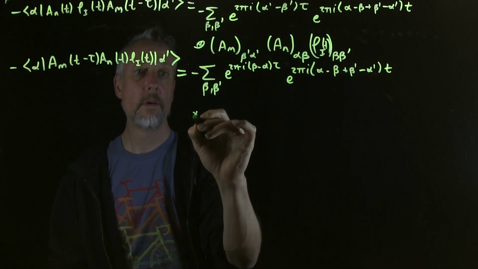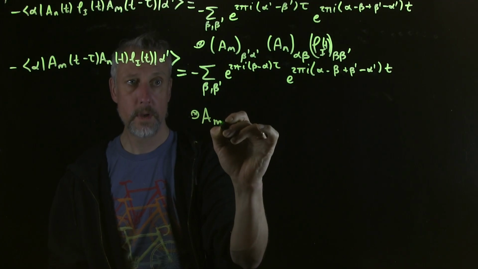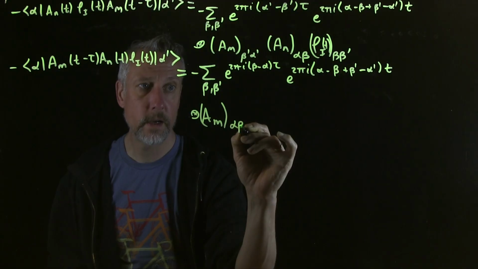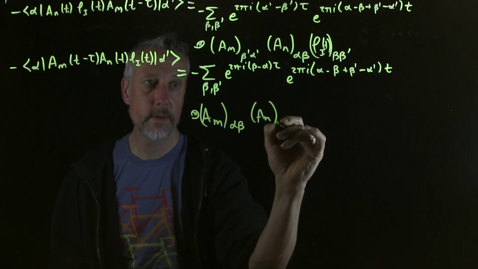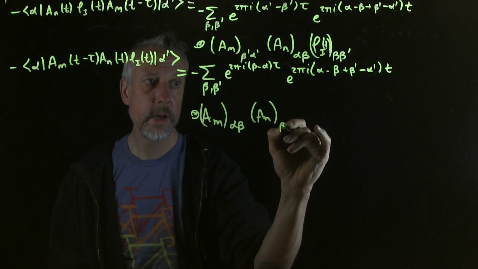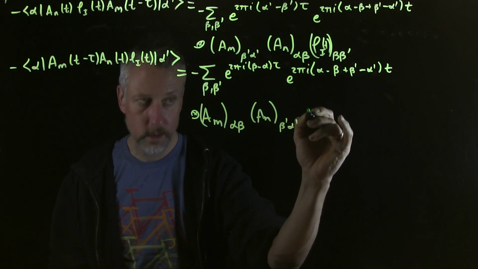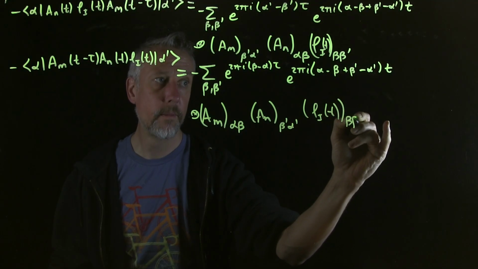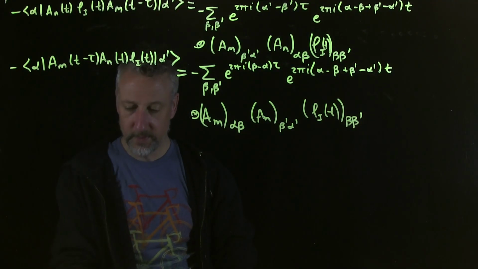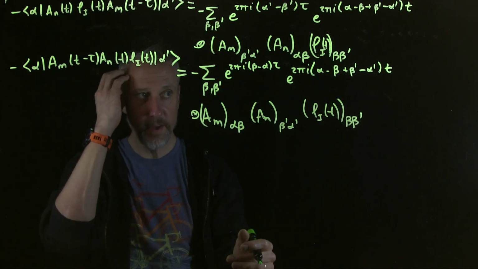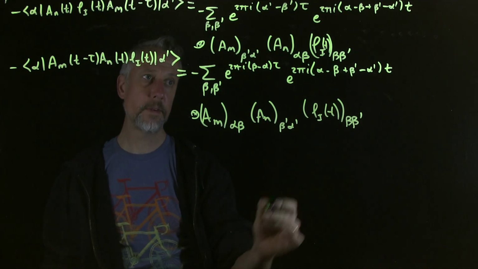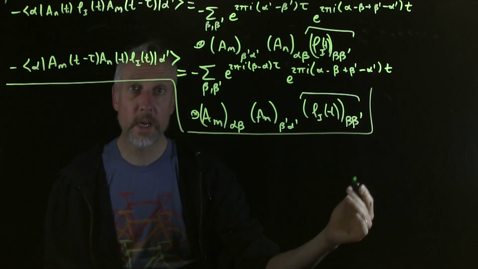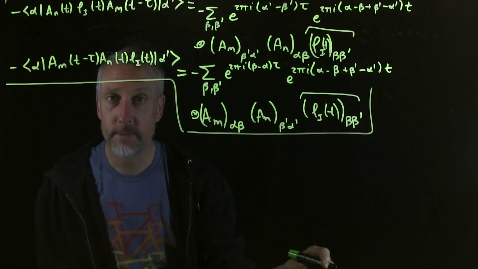Then we have its matrix element alpha beta, matrix element beta primed alpha primed, and rho I T beta beta prime. All right, so what we've done is we've managed to convert the whole thing into this set of terms. We've been working on the right-hand side of this equation.